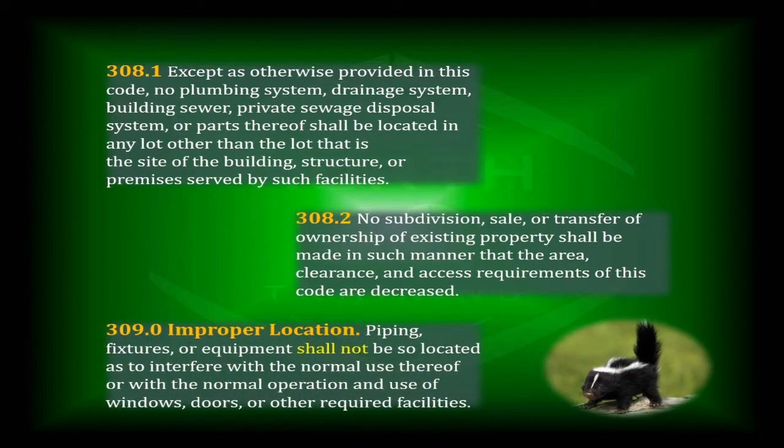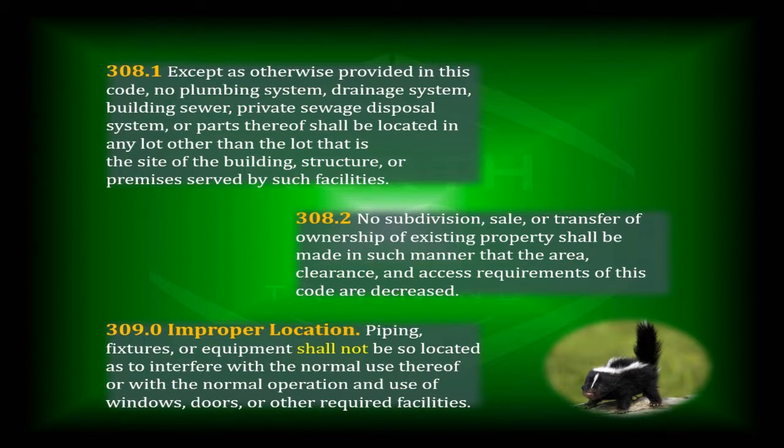309, improper location. Piping, fixtures, or equipment shall not be so located as to interfere with the normal use thereof or with the normal operation and use of windows, doors, or other required facilities.